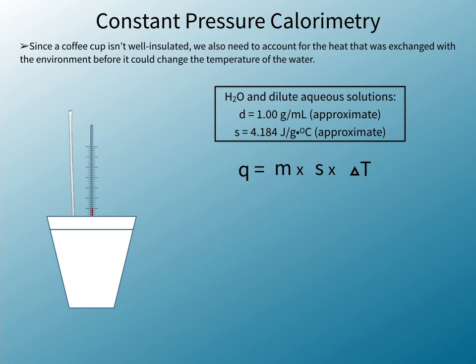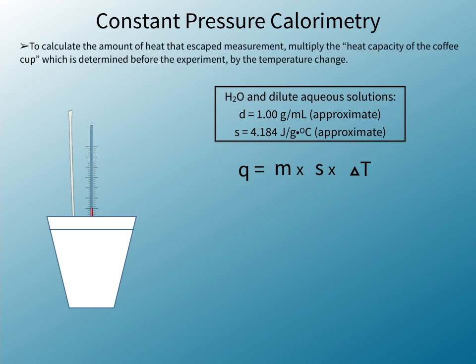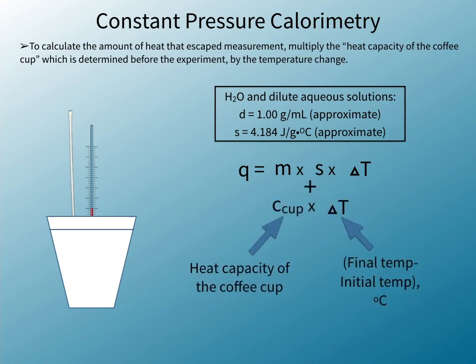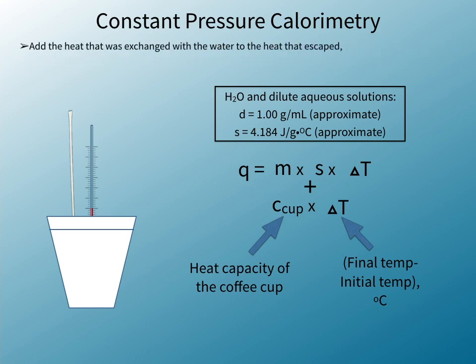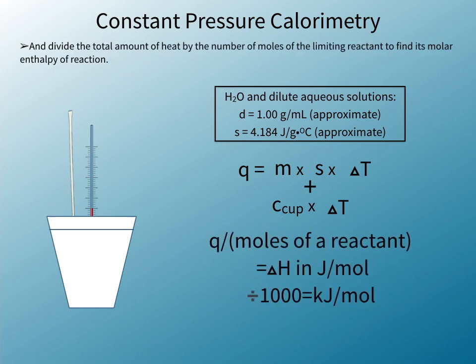Since the coffee cup isn't well insulated, we also need to account for the heat that was exchanged with the environment before it could change the temperature of the water. To calculate the amount of heat that escaped measurement, multiply the heat capacity of the coffee cup, which is determined before the experiment, by the temperature change. Add the heat that was exchanged with the water to the heat that escaped, and divide the total amount of heat by the number of moles of limiting reactant to find its molar enthalpy of reaction.